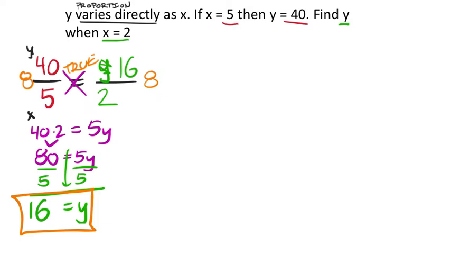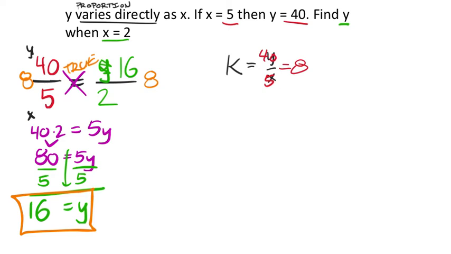The other way is to use, well, I guess it'd be the proportional constant. This one, you can also solve for the proportional constant. So remember, k is the same as, it says y varies directly as x, so that should be y over x, I guess. And then the first value says y was 40, and then the x was 5, so your proportional constant here is 8, which I guess is what we got right there.